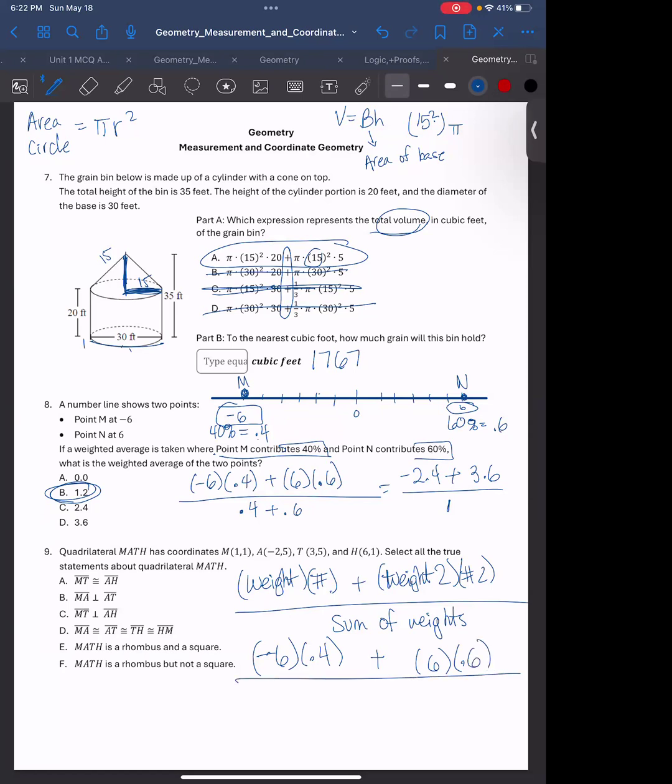And then I add up 0.4 plus 0.6. In my calculator, I multiplied this, which gives me -2.4, and this one gives me 3.6. And then 0.4 plus 0.6 is equal to 1.0. So anything divided by 1 is itself, so I'm just going to ignore that and focus on -2.4 plus 3.6. I put that in my calculator and I get 1.2.